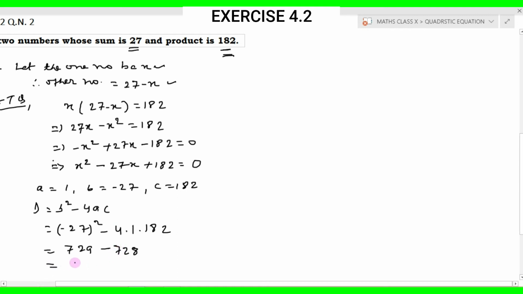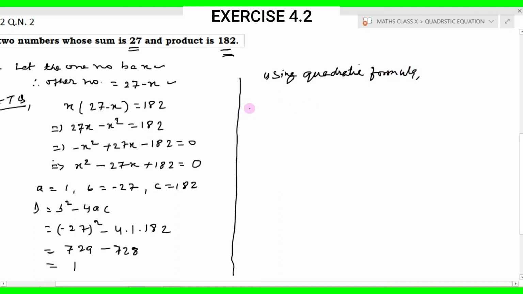So this will give you 1. The value of D is 1. Okay, now using the quadratic formula, we'll find the value of x is (-b ± √D) divided by 2a.